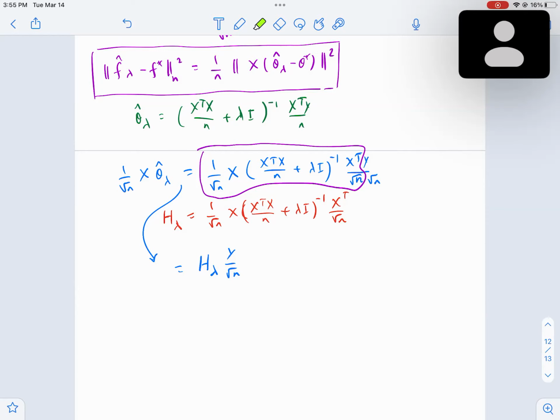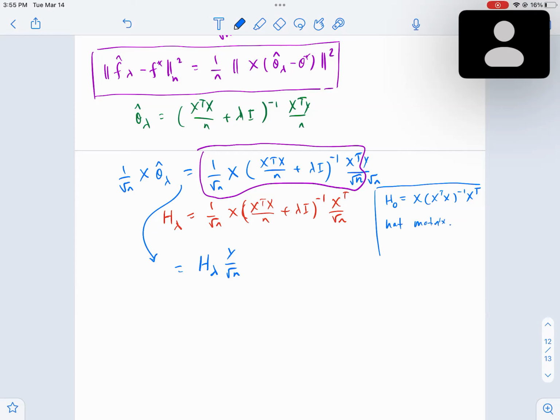So if lambda is 0, that would be the regular OLS, basically without regularization. So h would be x transpose x inverse x transpose. The 1 over n would be n, and then cancels the root n's here. So you get that. It's called the hat matrix in regression.